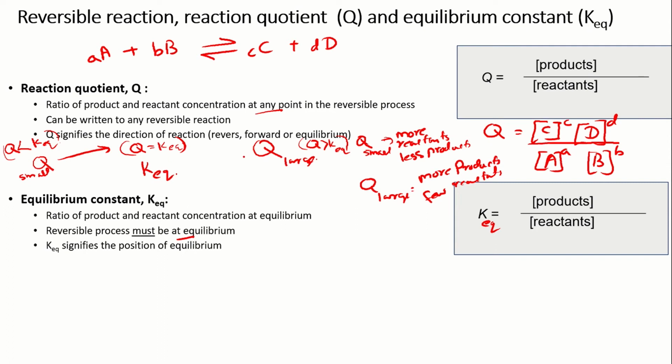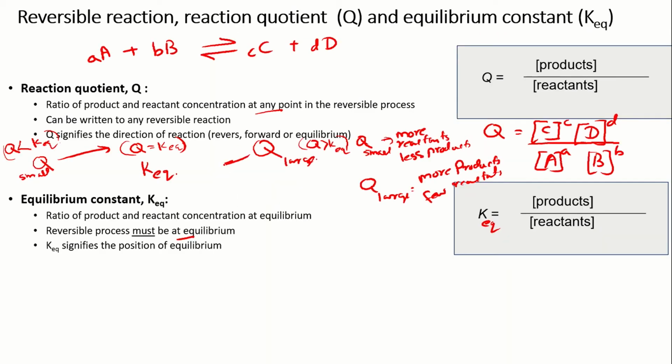So that means the system will try to arrange itself to reach equilibrium. What does that mean? The reverse reaction is favored. So that is what is meant by this Q signifying the direction of the reaction. If you have a very small reaction quotient, the reaction will favor the forward reaction.